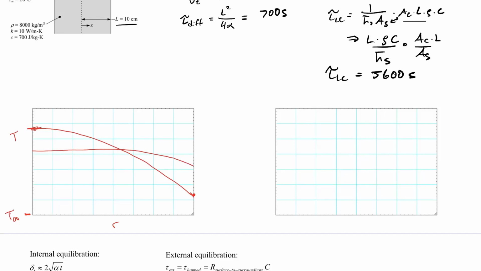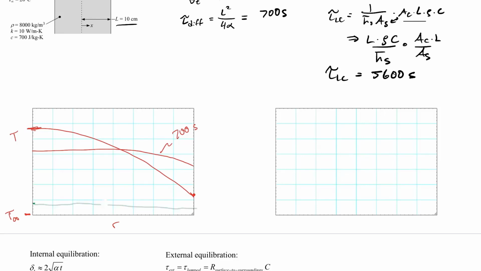Why did I draw it up here and not down here? Because it's taking a while for it to come to equilibrium with the surroundings. Internally, it's equilibrating much faster, so right away at 700 seconds you start to see it equilibrate. Then at tau LC, 5,600 seconds, we start to see the whole body coming into equilibrium with the surroundings down here.